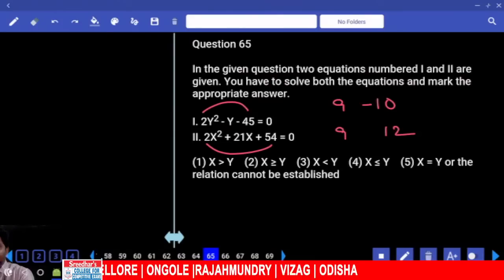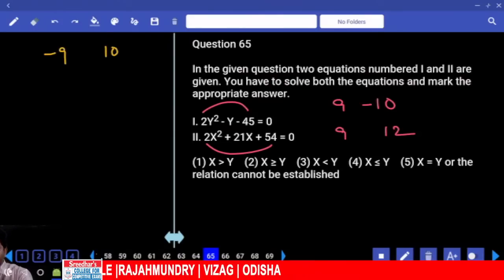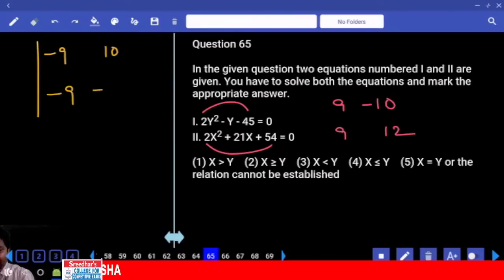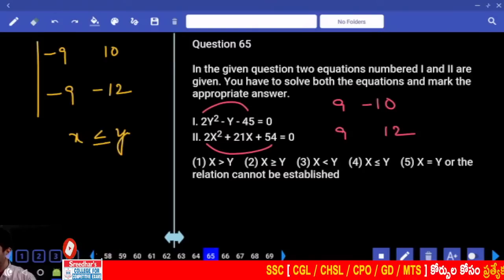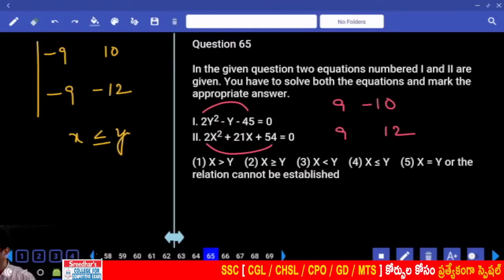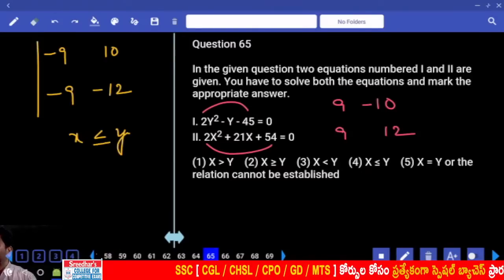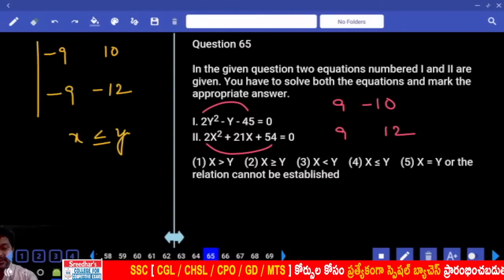Factors are minus 9, plus 10. Denominator not required. Next, minus 9, minus 12. X is less than or equal to y. X is greater than or equal to y.